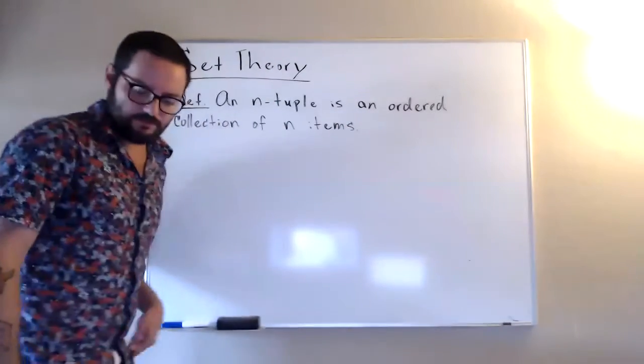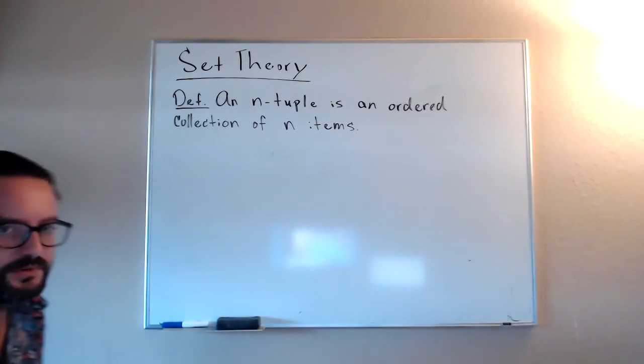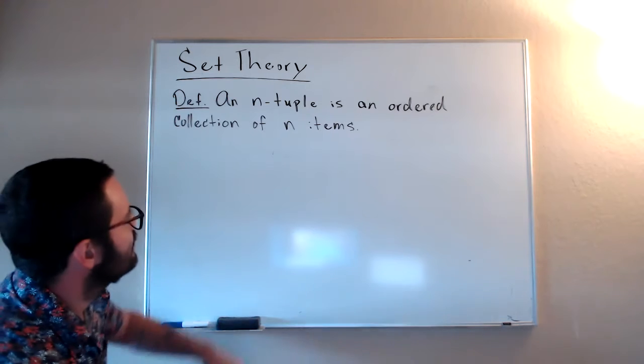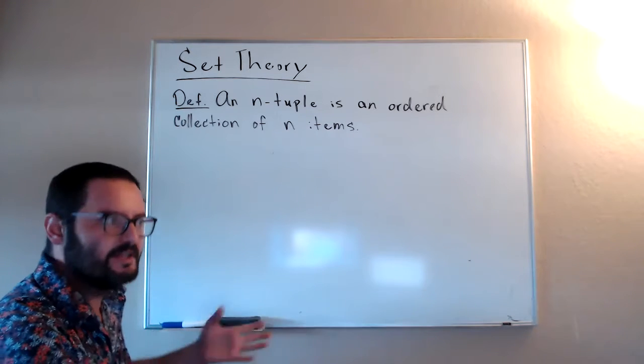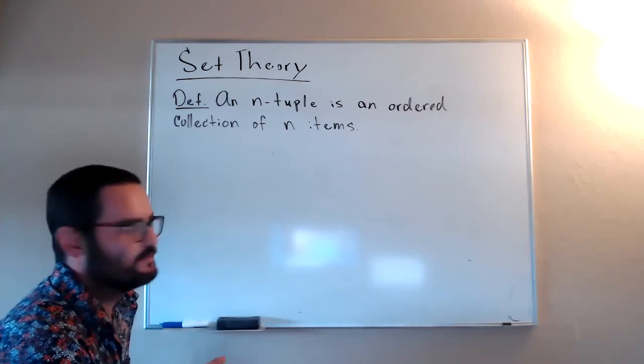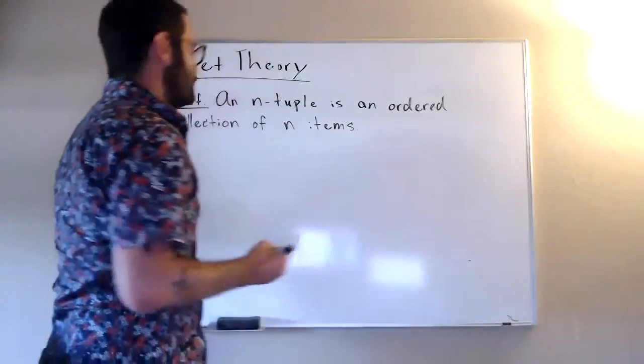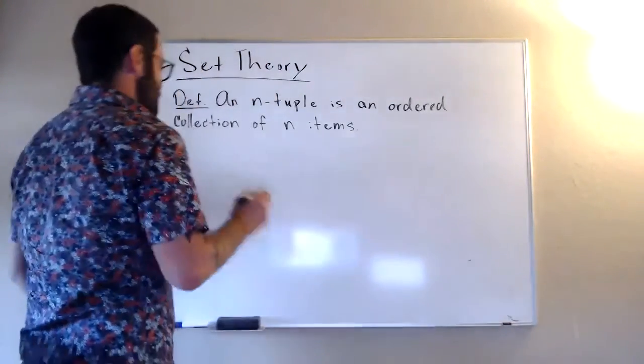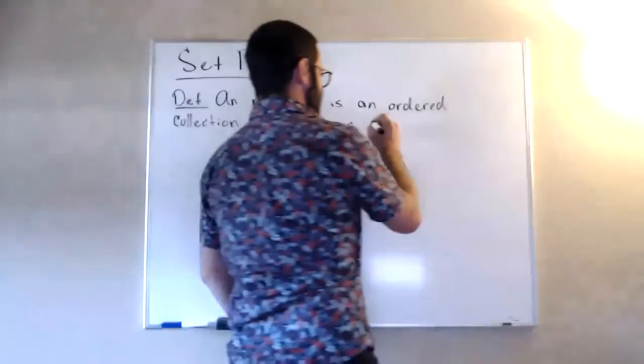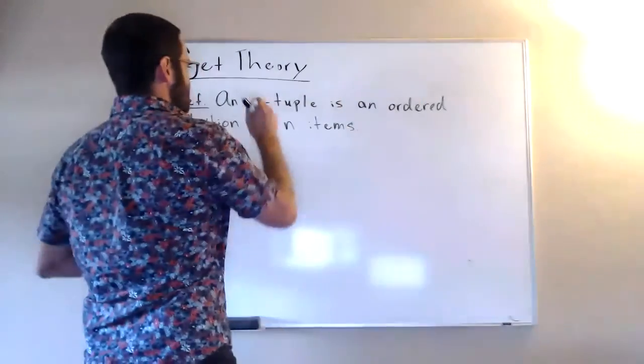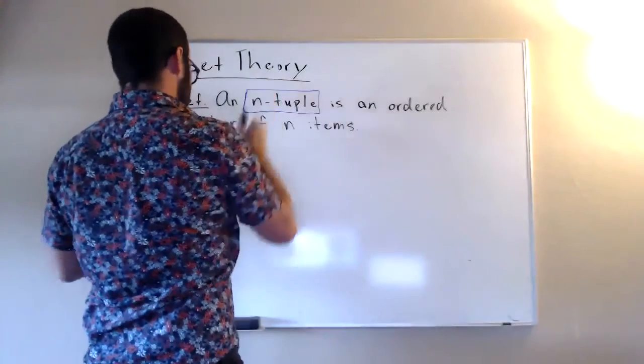So for example, most of you are familiar with tuples in the plane, the Cartesian plane. Well, an n-tuple is just an n version of that, like a triple, or a 5-element tuple. So this is an n-tuple.